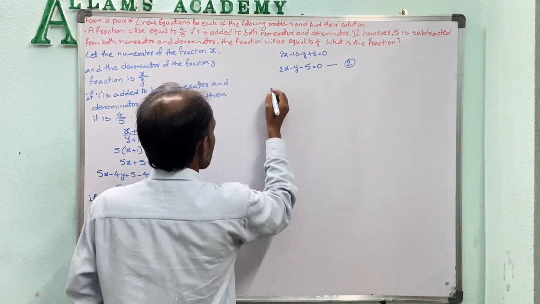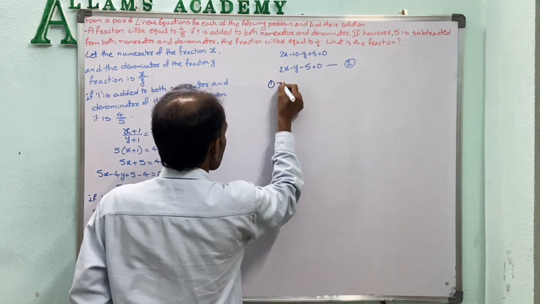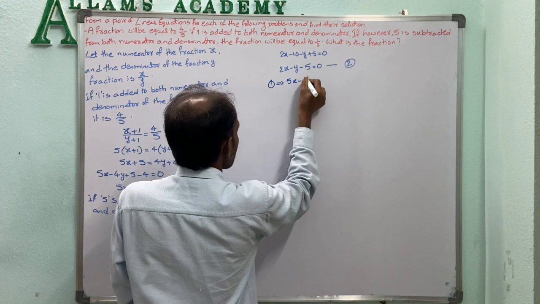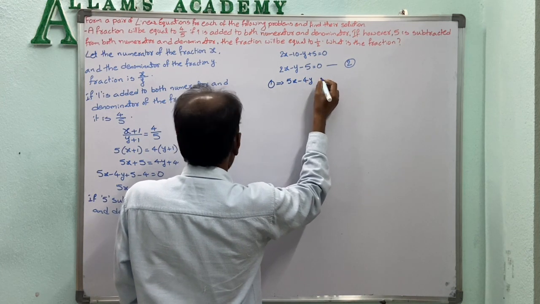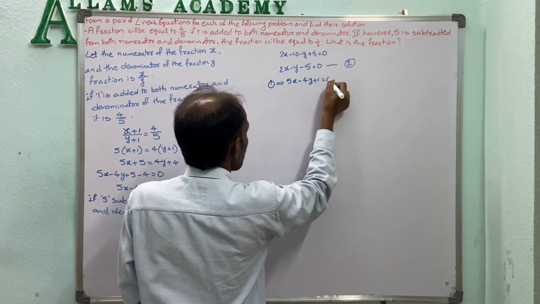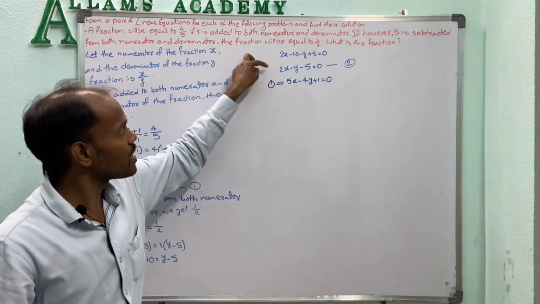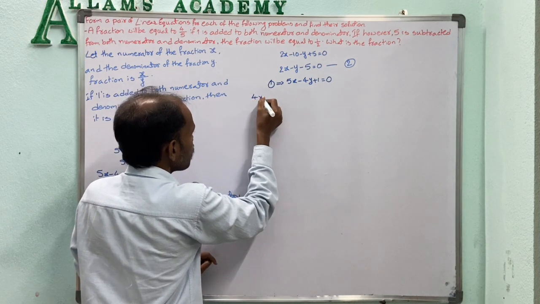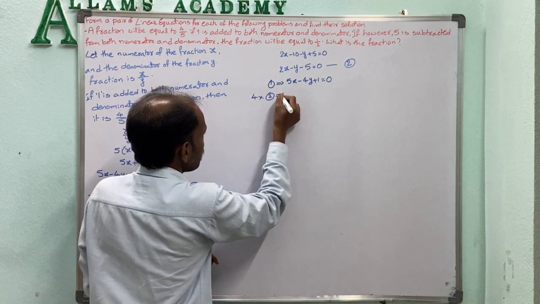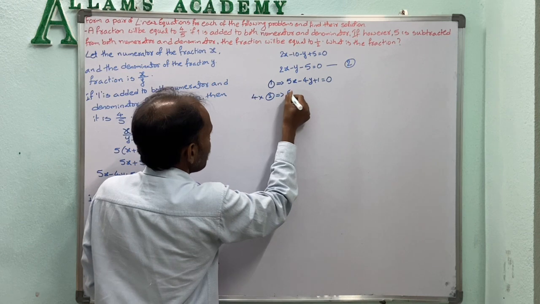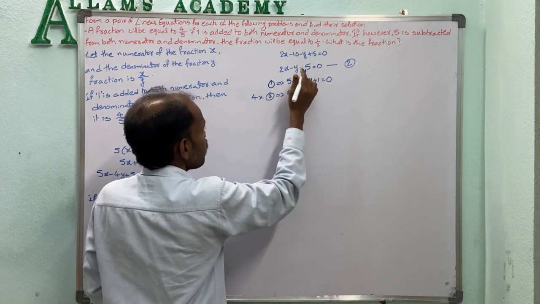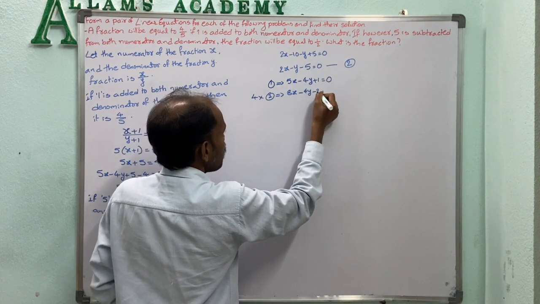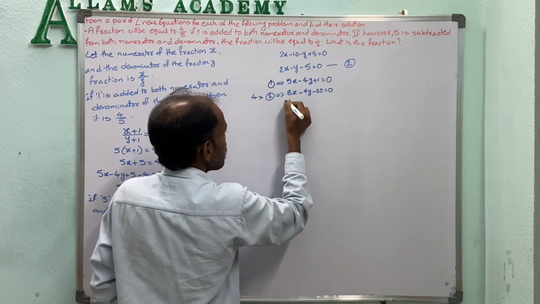So the first equation is written as it is: 5x minus 4y plus 1 equal to 0. Now the second equation is multiplied by 4. So 4 into the second equation: 4 twos are 8x, minus 4 ones are 4y, minus 4 fives are 20, equal to 0.